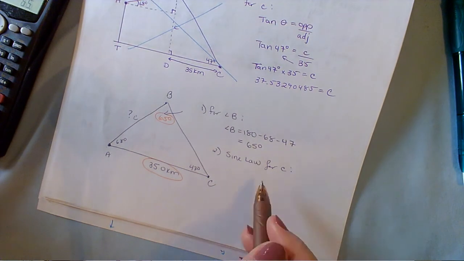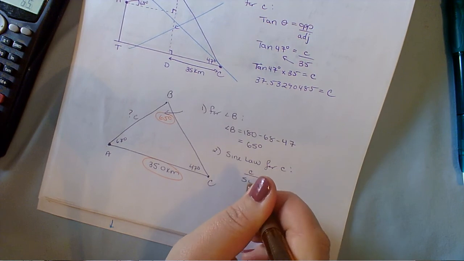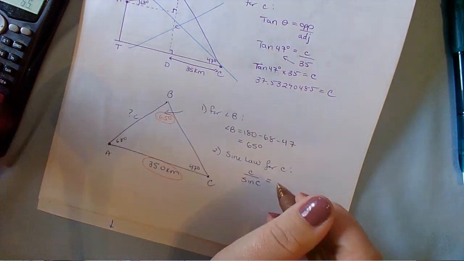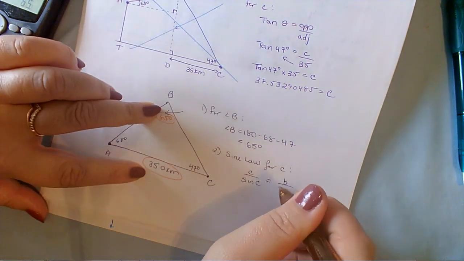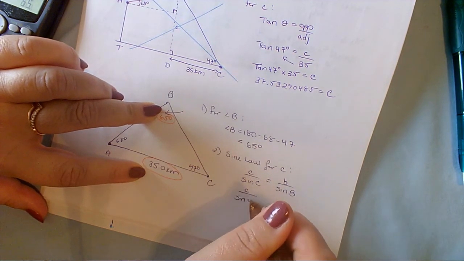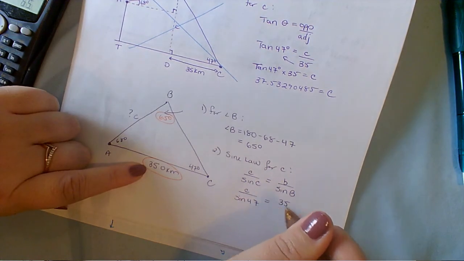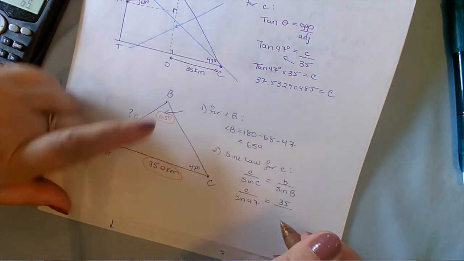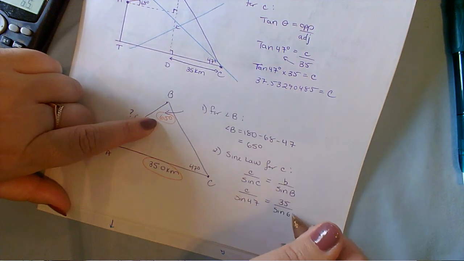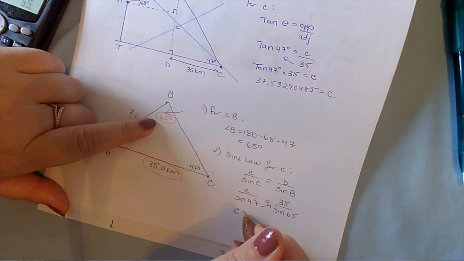So for little c, since I'm looking for a side, I'm going to put the sides on top. c over sine C equals little b over sine capital B. c over sine 47 equals 35 over sine 65. And again, because we were smart, we put what we wanted on top. This just comes up and multiplies on the other side.